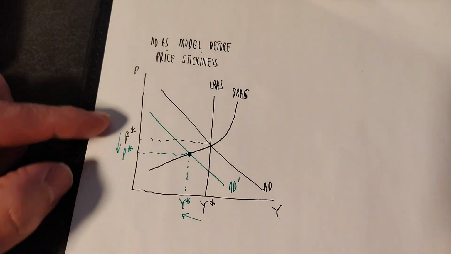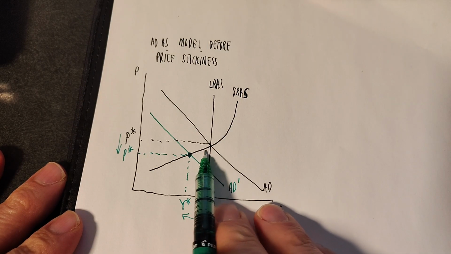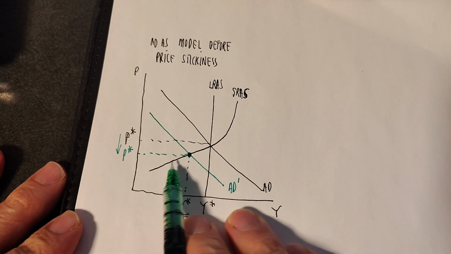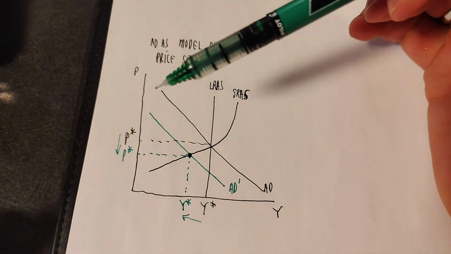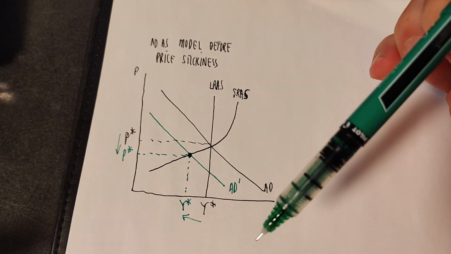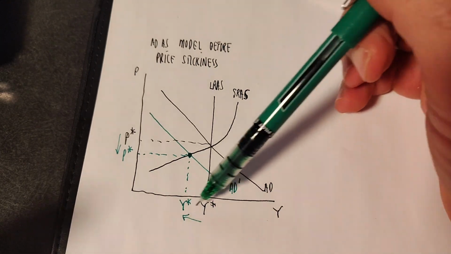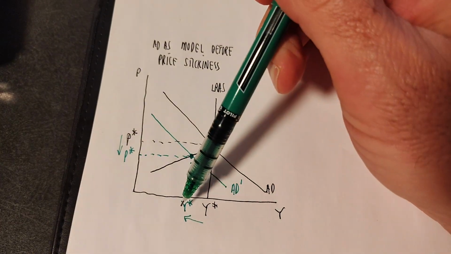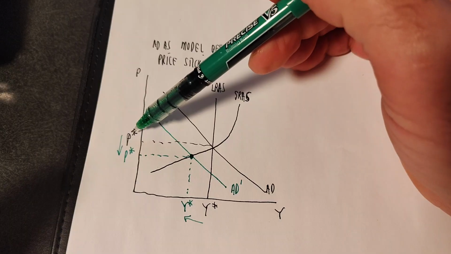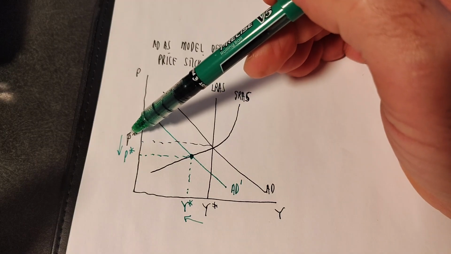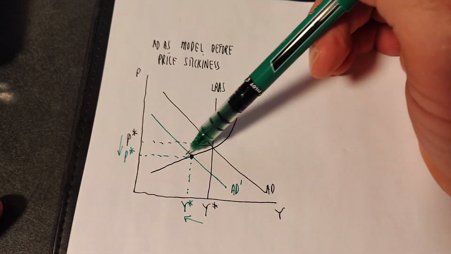But look, we also had a decrease in the price level, because the short-run aggregate supply curve is actually sloped here. If there's less demand, not only does it mean we're going to have less production and therefore less output, but producers are going to respond and you're going to get a decrease in prices, because producers respond to prices.